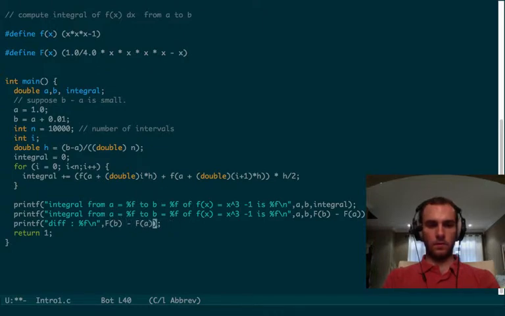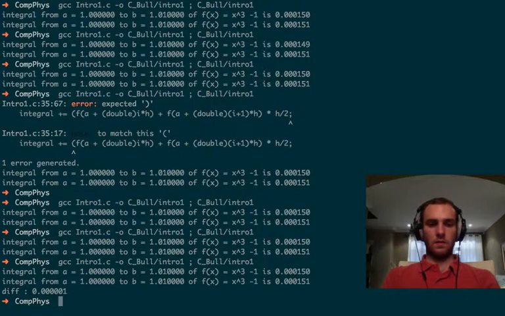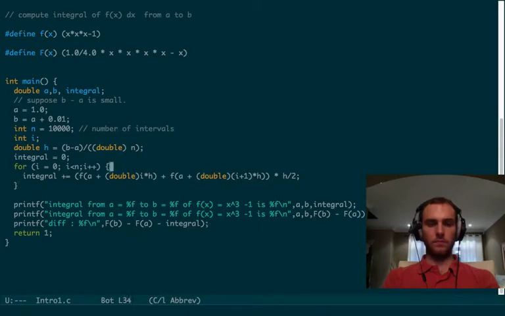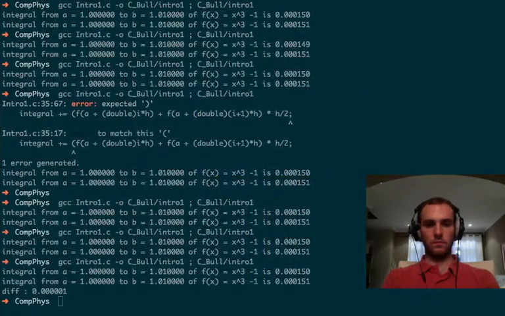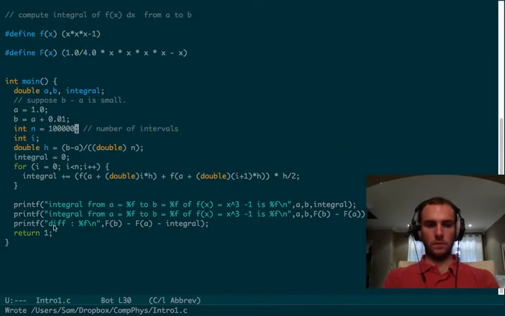So this minus the integral, let's take the difference and multiply it by a big number.